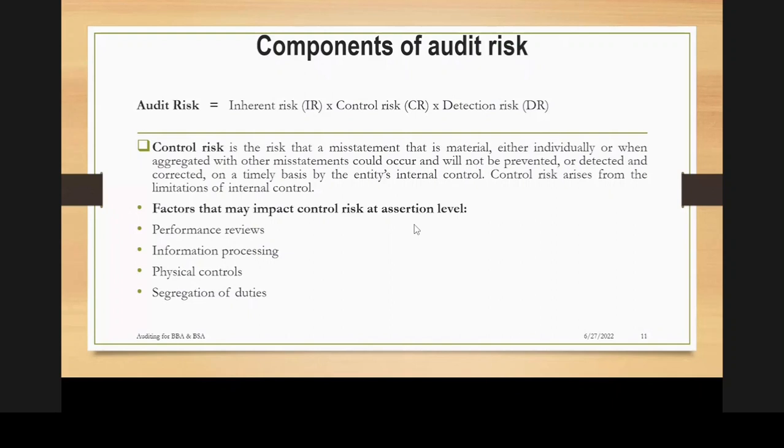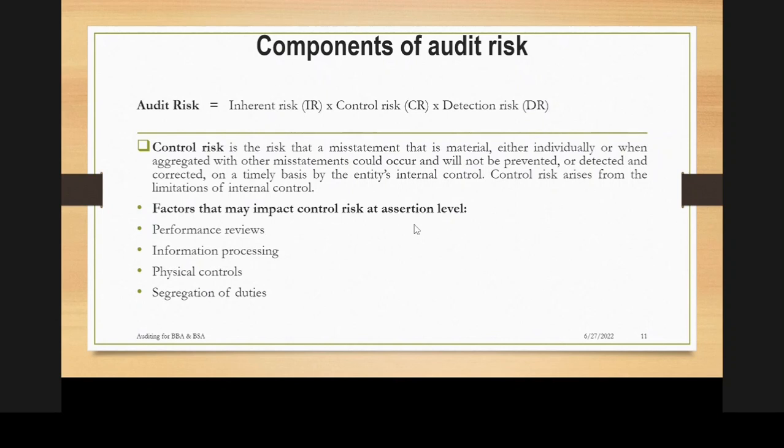Then physical controls, like keeping money in a safe, limiting access to where there's valuable things like contracts, cash, checklists, keeping your inventory in a closed environment.